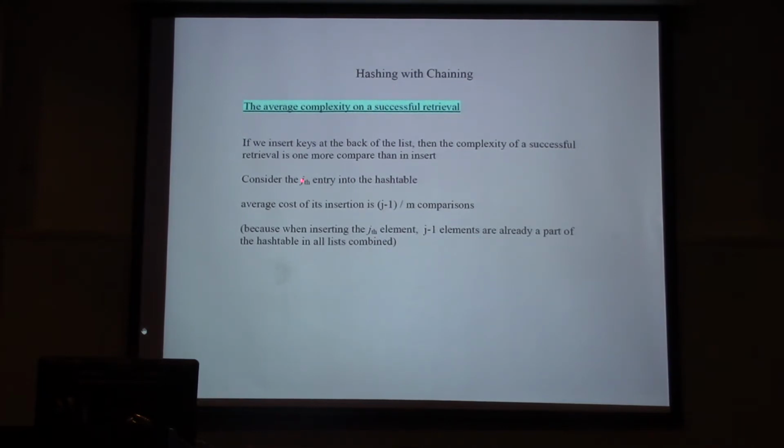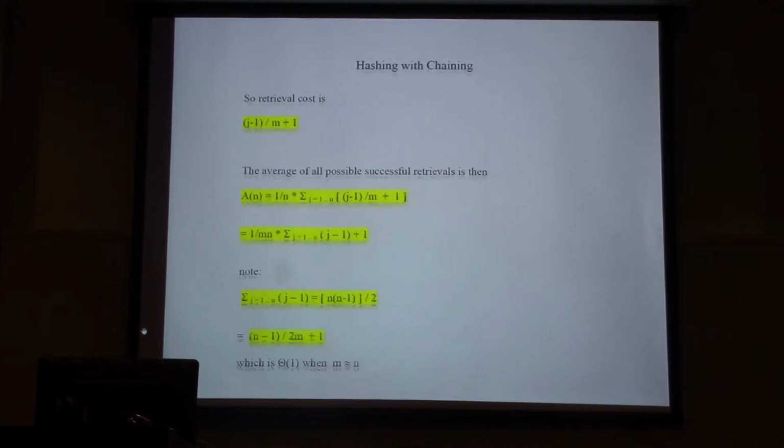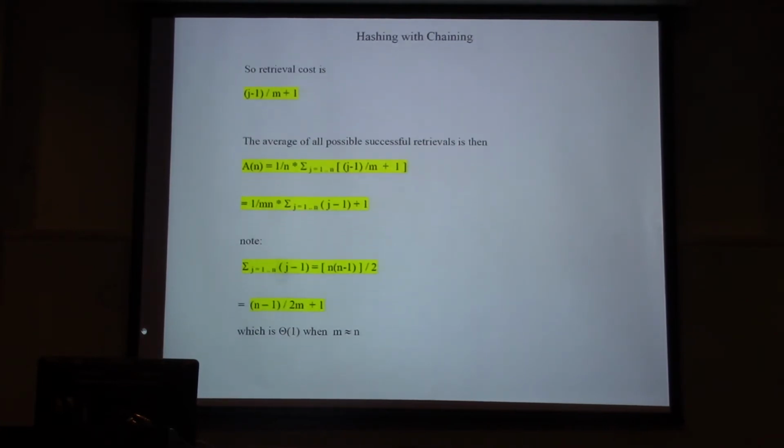So when I'm putting the jth entry in, there are already j minus 1 entries in the table. I'm dividing them by the number of lists, which is the number of possible hashing locations. So therefore, the retrieval cost will be exactly the same as the insertion cost plus 1. That's what we talked about, it's 1 higher. So all I have to do is the average cost of all possible successful retrievals.